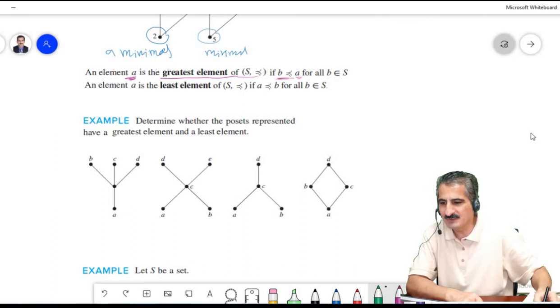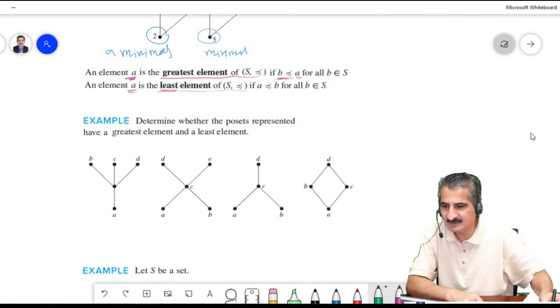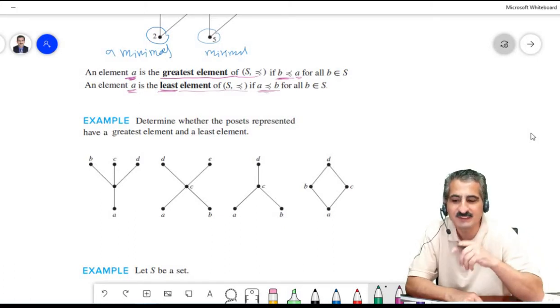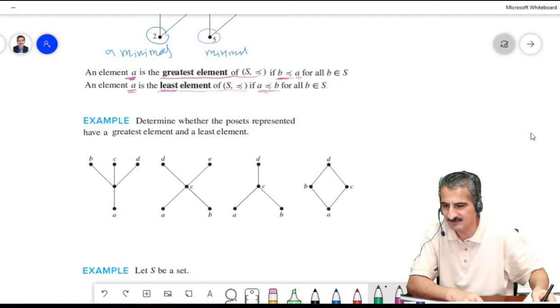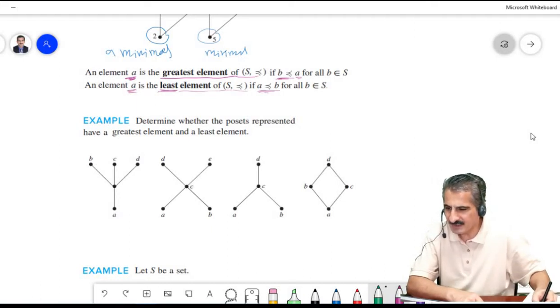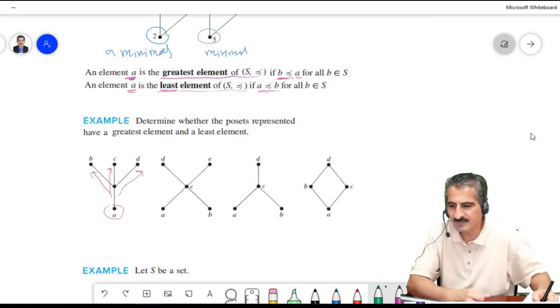And we will say A is the smallest, the least element, if A is less than every other element. We will see from this diagram. Now, here A, this one, is less than B and C and D, because the graph says that A is related to B, related to C, and related to D. Okay? So this is the least element.